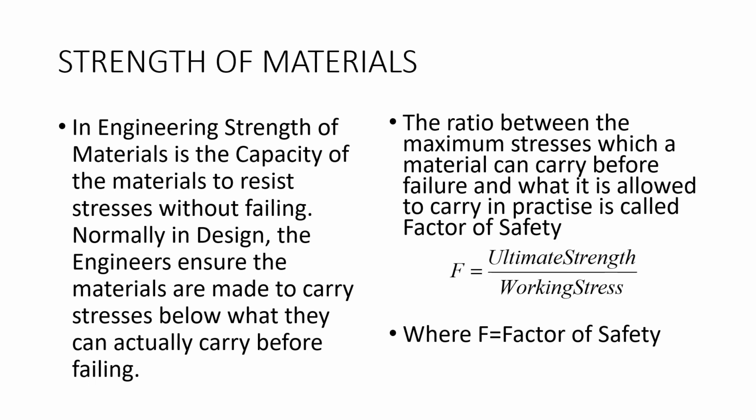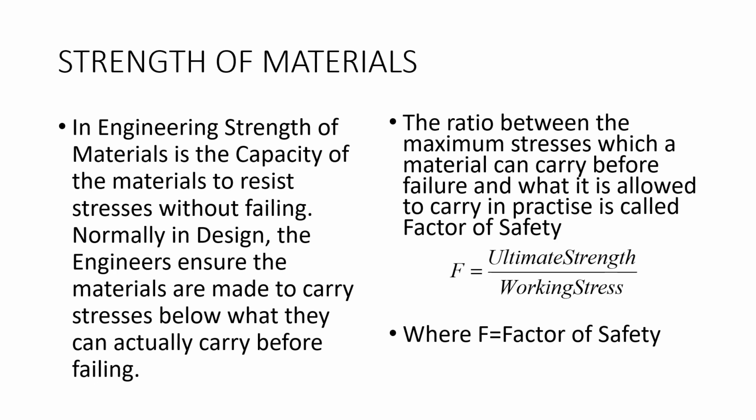Strength of material. In engineering, strength of material is the capacity of the material to resist stresses without failing. Normally, in design, engineers ensure the materials are made to carry stresses below what they can actually carry before failing. The ratio between the maximum stress which the material can carry before failure and what it is allowed to carry in practice is called the factor of safety.